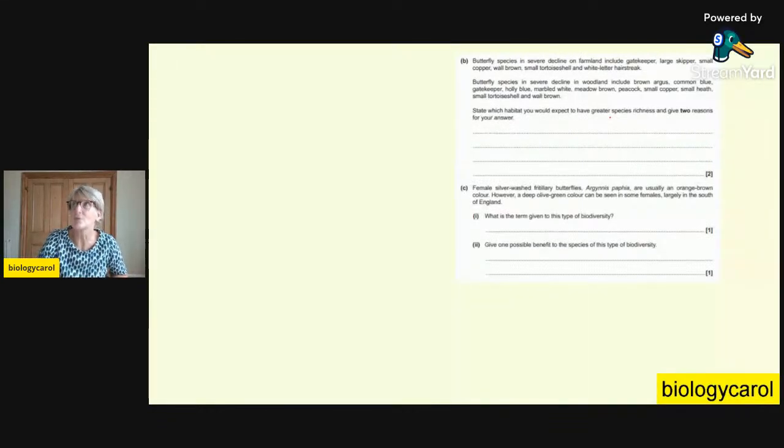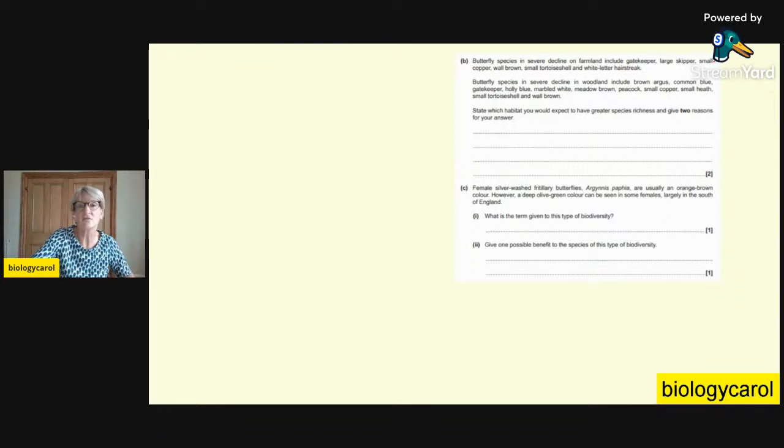This is a bit tricky because you could go round in circles on this. You could go, well, if there are fewer in severe decline in the farmland, quite possibly there are more butterflies left. Or you could go down the route that in the woodland, if they've identified all of these butterflies, even if they're in severe decline, that possibly implies that there were more to start with.